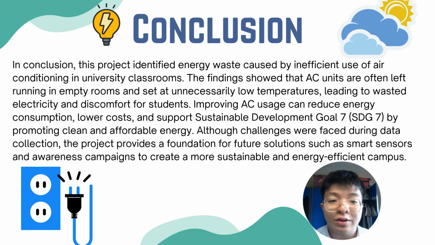Improving AC usage can reduce energy consumption, lower costs, and support Sustainable Development Goal 7, SDG 7, by promoting clean and affordable energy. Although challenges were faced during data collection, the project provides a foundation for future solutions such as smart sensors and awareness campaigns to create a more sustainable, energy efficient campus. Thank you.